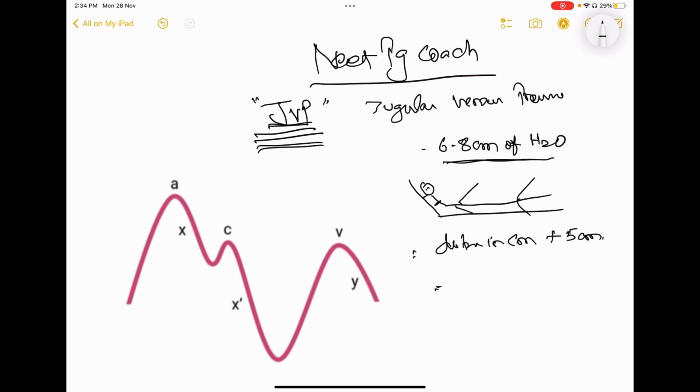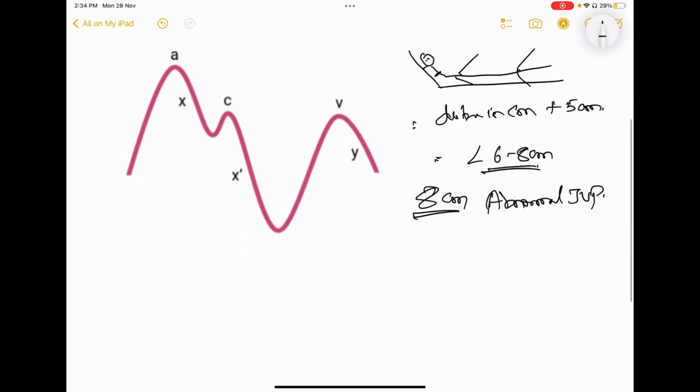So this will give you a value, and this value is supposed to be less than 6 to 8 centimeter. If it is more than 8 centimeter, you consider it as abnormal JVP.